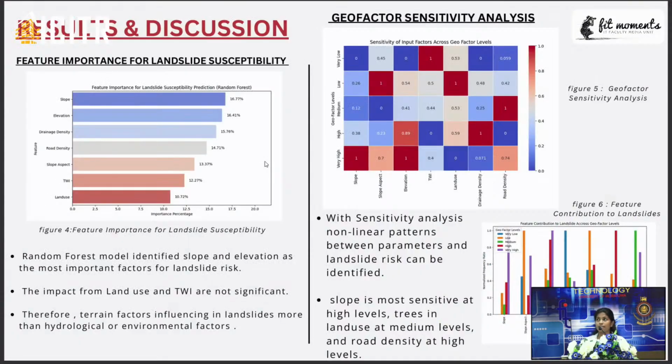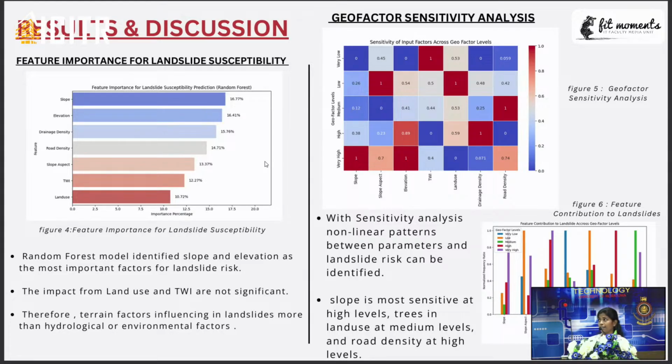For more confirmation, I did feature importance for the landslide susceptibility map with random forest. It confirmed that slope and elevation are the most prominent factors that contribute to landslides.